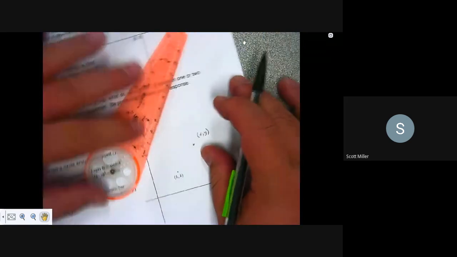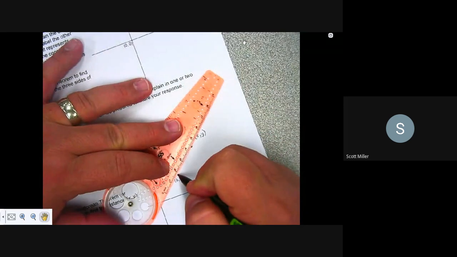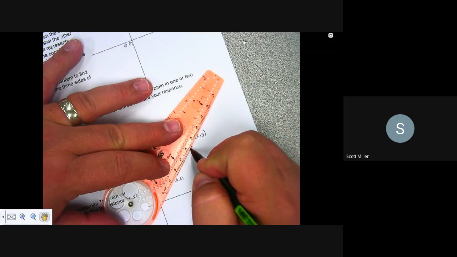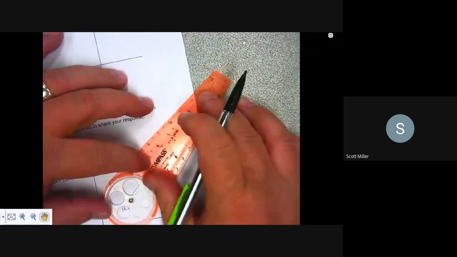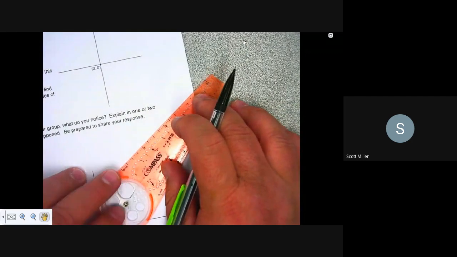So with that, I'm going to draw my circle. So this is going to be the radius. Anytime I have the distance from the center to any point on the circle, it is called the radius. Using my compass here, I'm going to draw this circle, get it lined up.